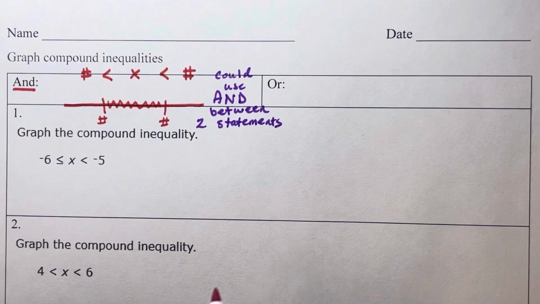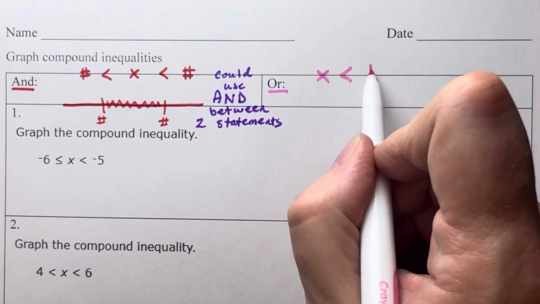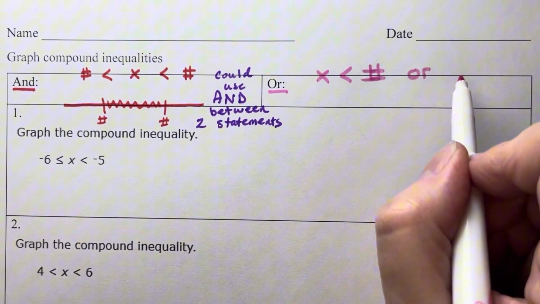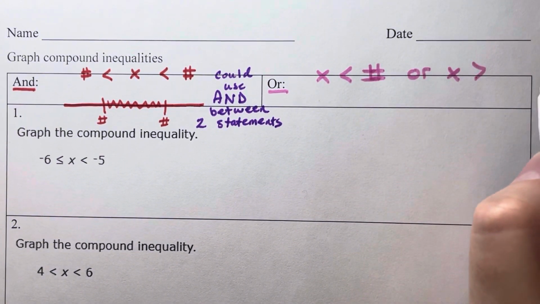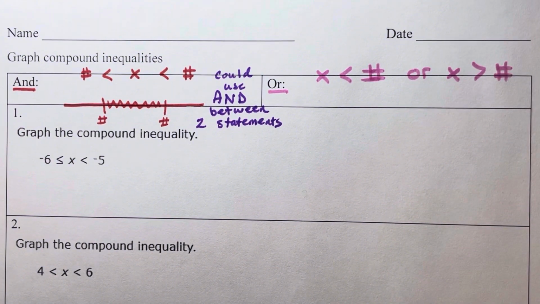Let's talk about the word "or." In this case, your inequality statements will look like x less than some number or x greater than some other number. Okay?